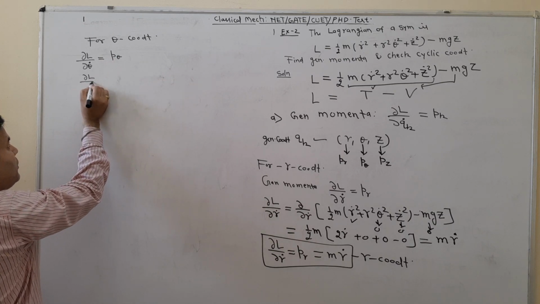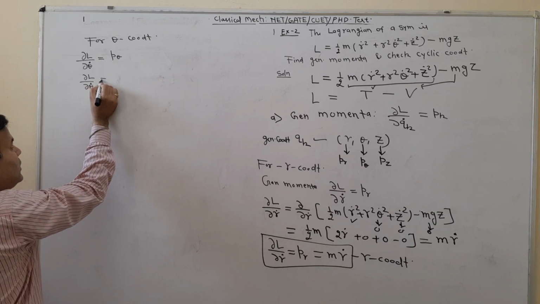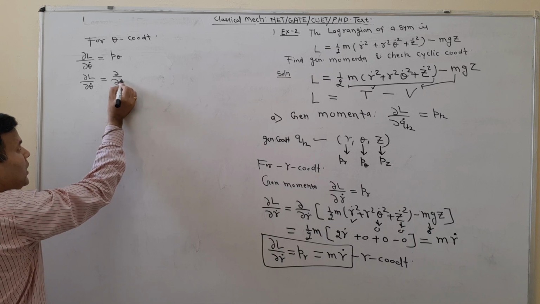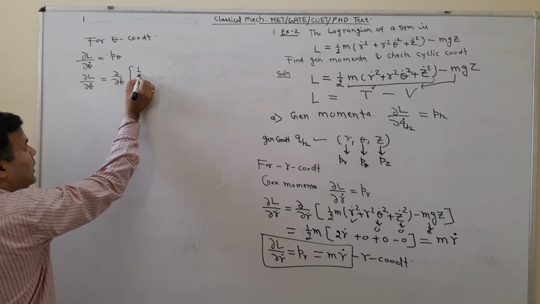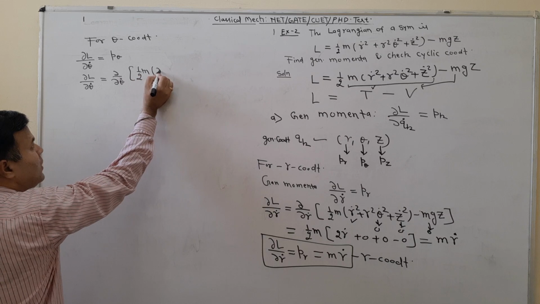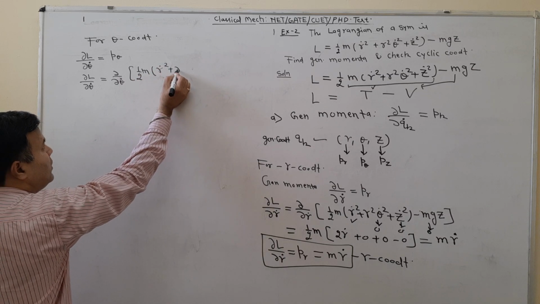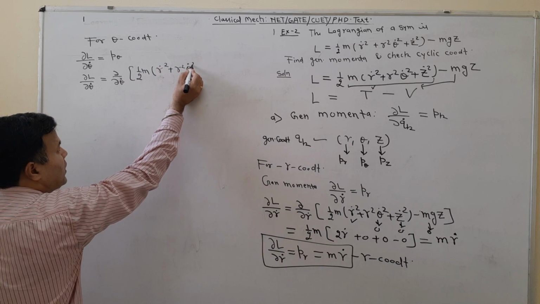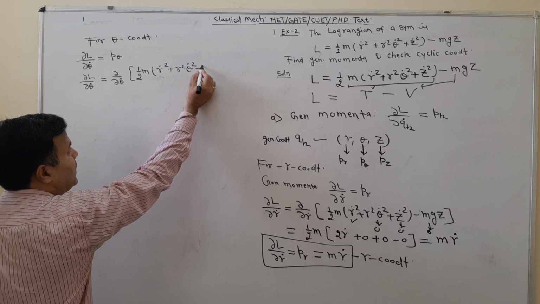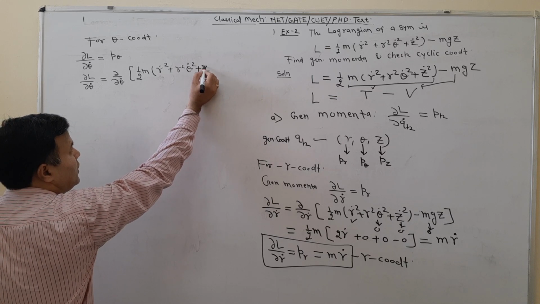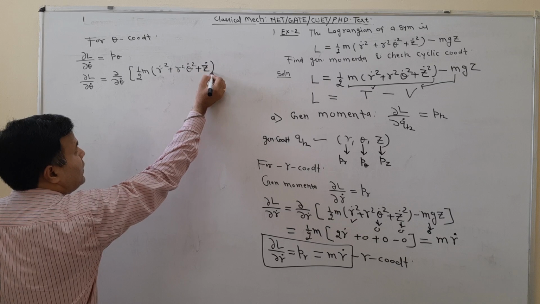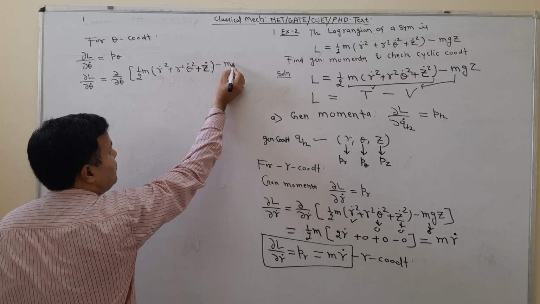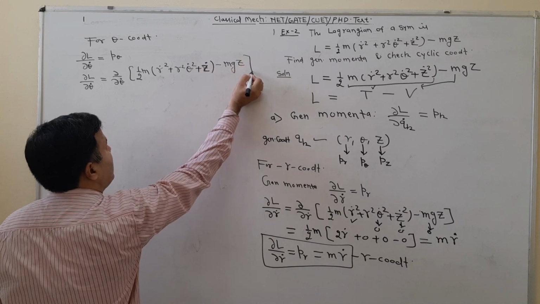L is 1/2 m (r dot squared plus r squared theta dot squared plus z dot squared) minus mgz.